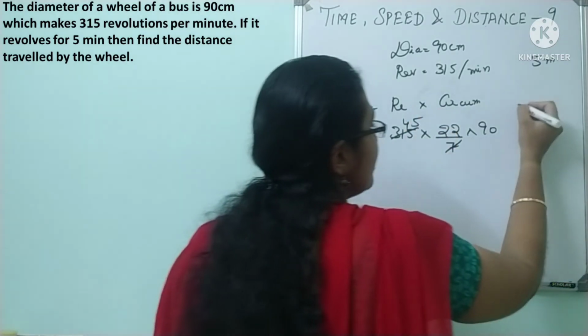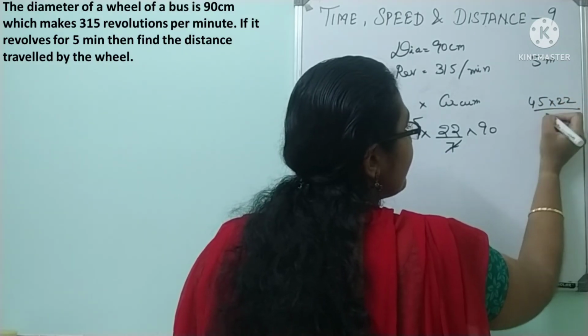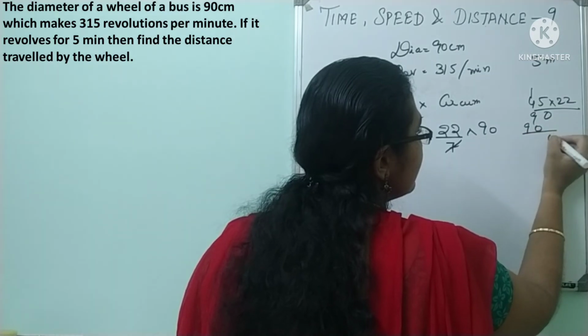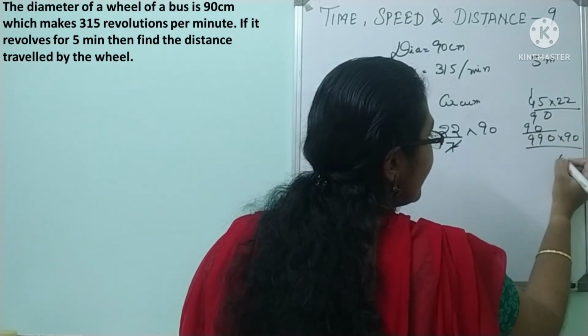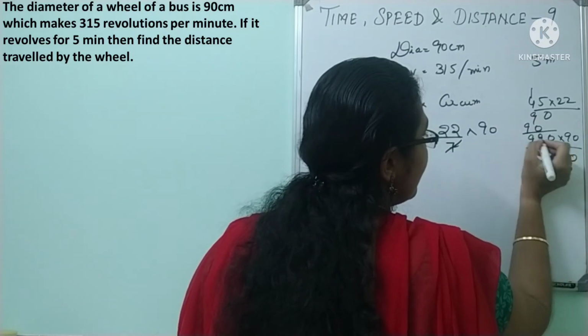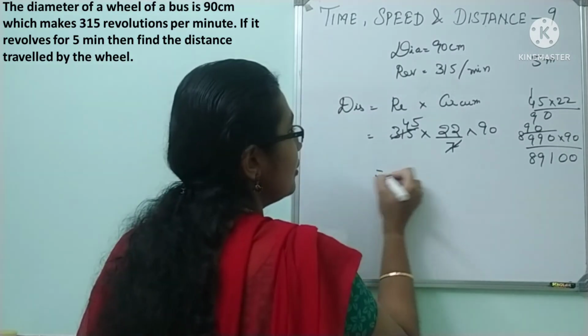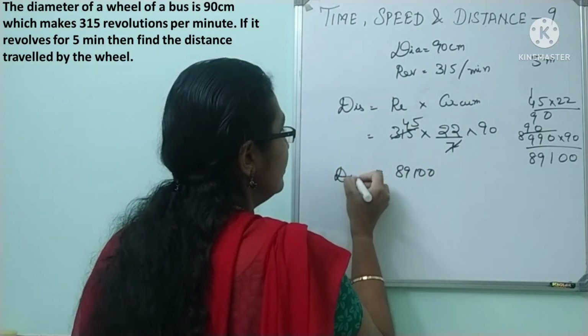So 45 into 22. 5 2s are 10, 4 2s are 8 plus 1, 9. So you get 2 zeros, 9 9s are 81, balance 8, 81. So 89100 is nothing but a distance.